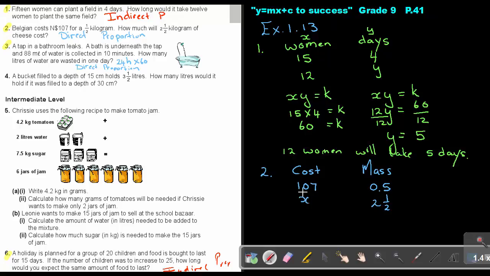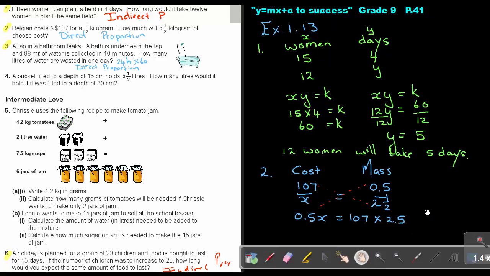Now remember, this is going to give you a constant, so that's why we make it a fraction, we put an equal, and then I can multiply it like this to find the solution. So I will just say 0.5x equals 107 times 2.5.